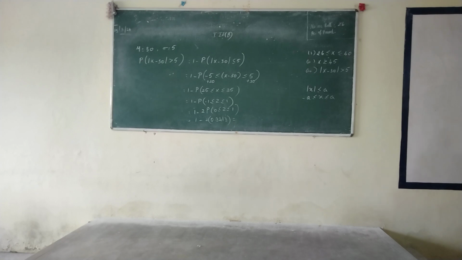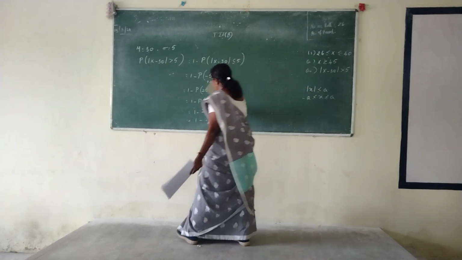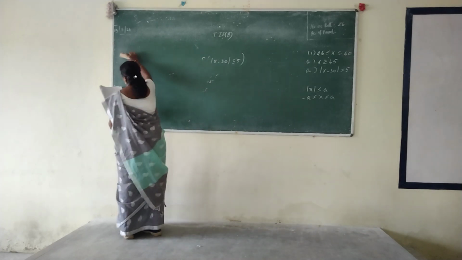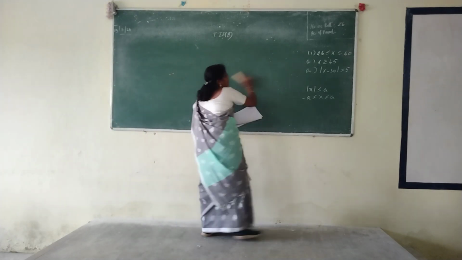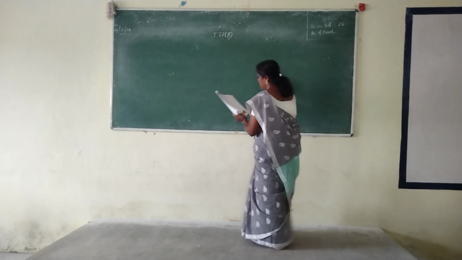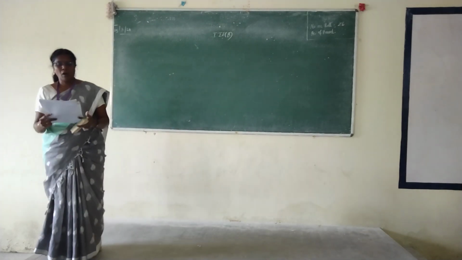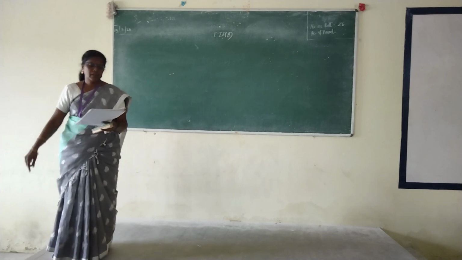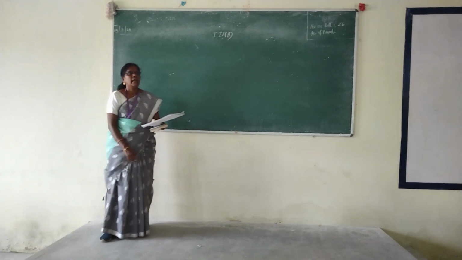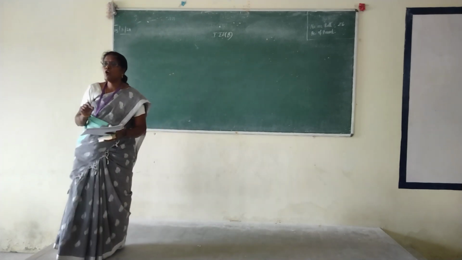In a normal distribution, 31% of the items are under 45 and 8% are over 64.